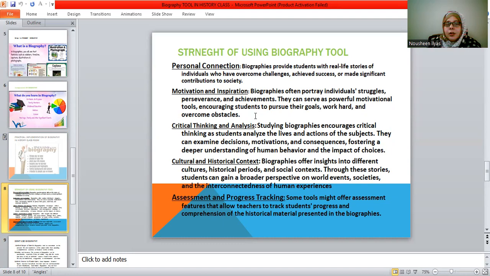What was the reason? So it starts the thinking process automatically, and once the thinking process starts, then we go to critical thinking. So that's a positive point, because unfortunately we don't teach our students to think critically.